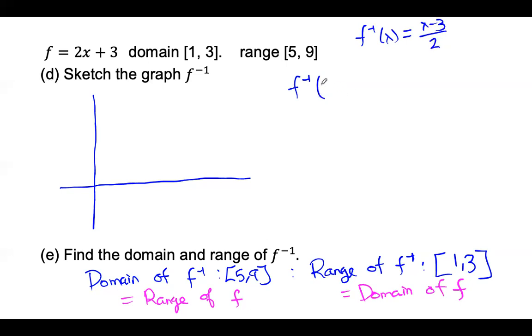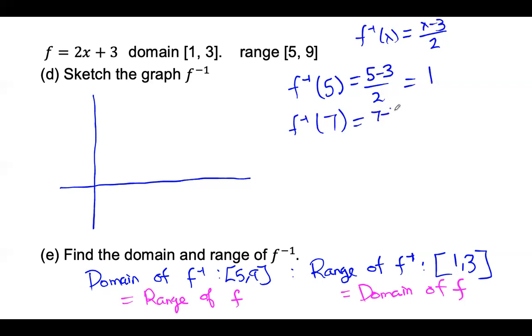So let's plot them. Let's take the endpoints. It's usually a good idea. And then some numbers in the middle sometimes is also a good idea. So 5 minus 3 divided by 2, get 1. Maybe another point in the middle, 7.